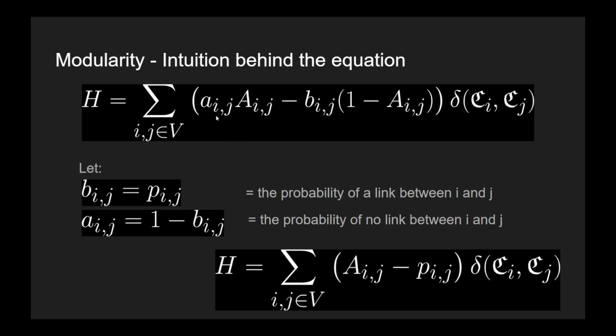So if the probability of no link between i and j is high, that will reward there being a link between i and j. And if there should be a link between i and j, but there's not a link, that'll hurt us.